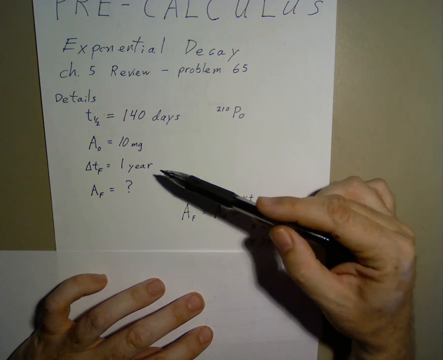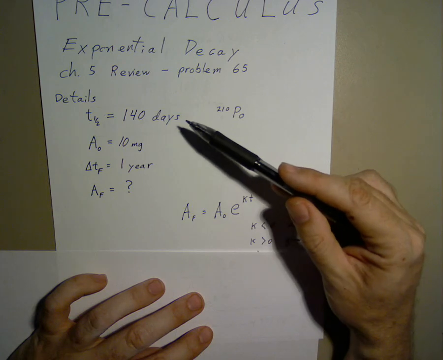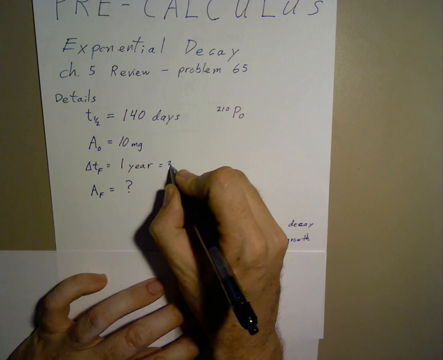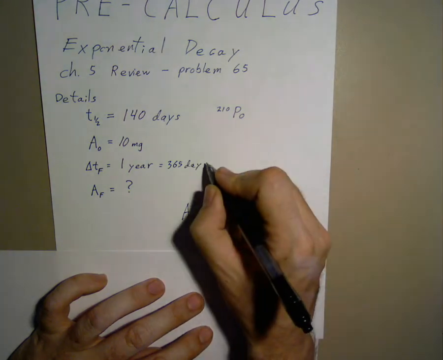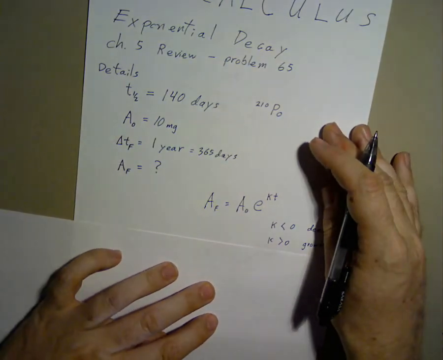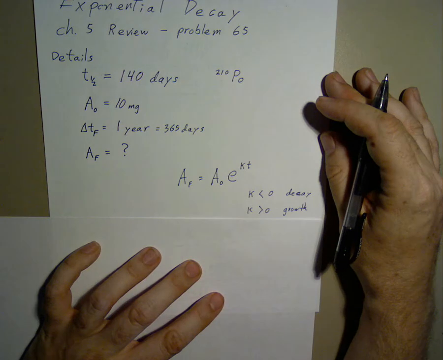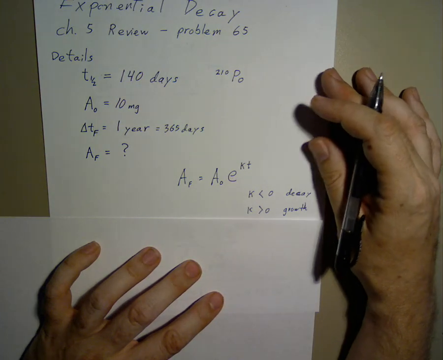Now, in this case, we need to have consistent units. So, if we have 114 days for the half-life, for 1 year, we will need to use 365 days. Now, what we first need to do is calculate what k is. We'll do this using the half-life.